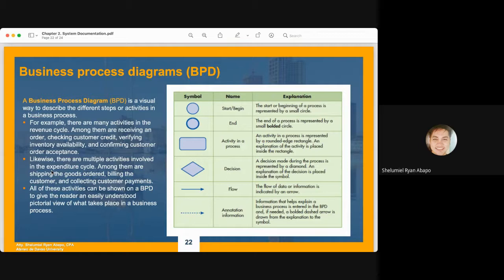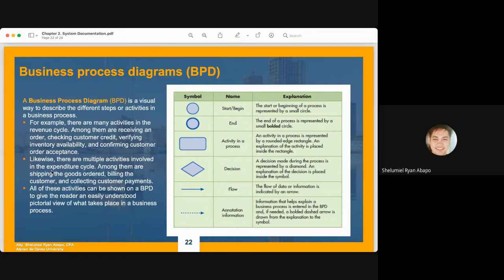Here, the business process diagram will show you the actual process, the start or the beginning of the process, the end, the actual activity in the process, the decision to be made, and the flow of data or information is indicated by the arrow. But when the arrow is intermittent, not a continuous straight arrow but an intermittent arrow, it's an annotation information that helps explain the business process.